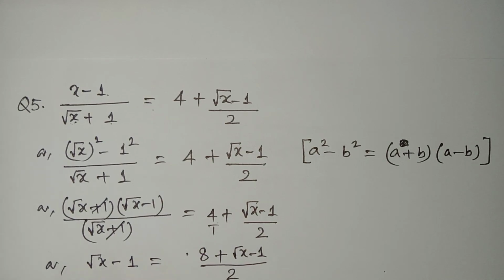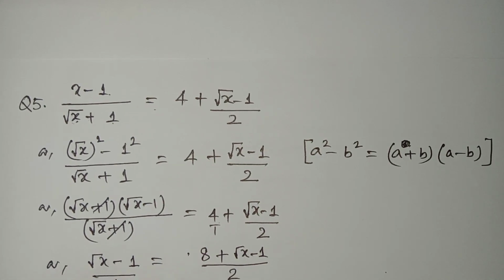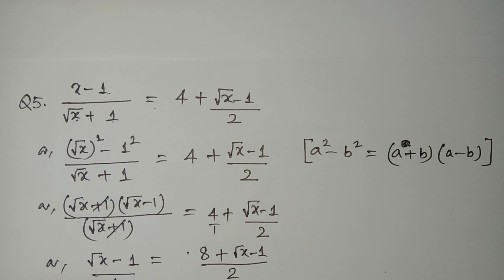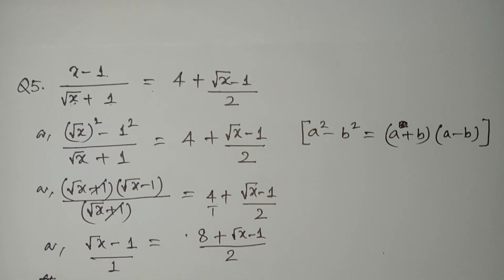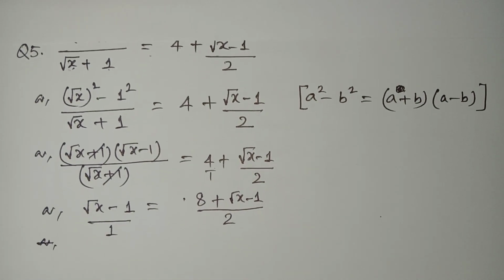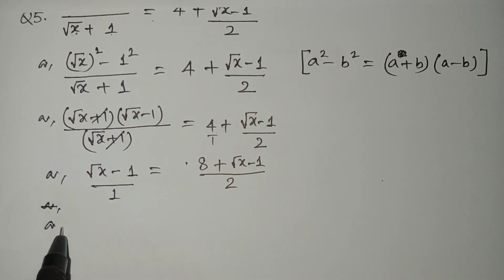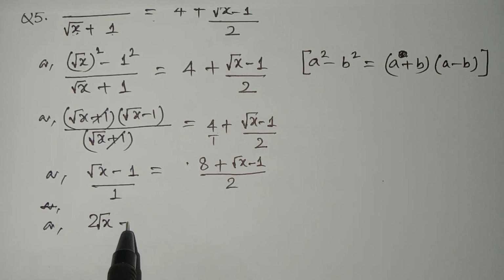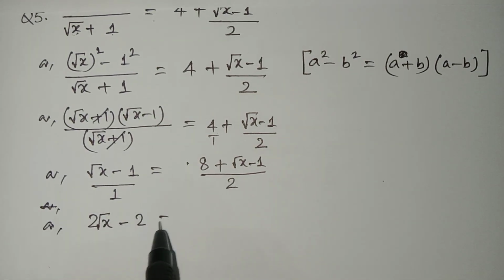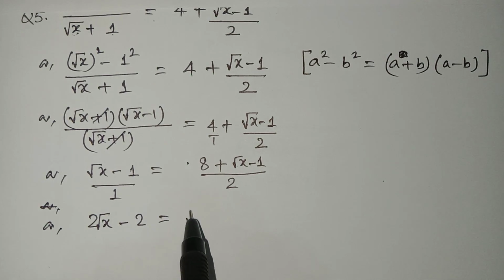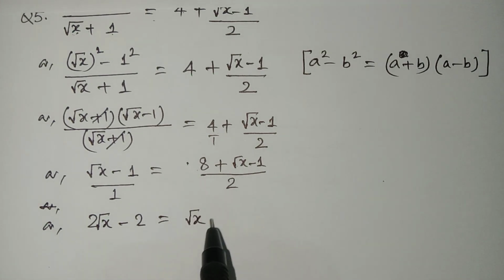Or by cross multiply I get 2 root under x minus 2 equal to root x plus 8 minus 1, that is plus 7.